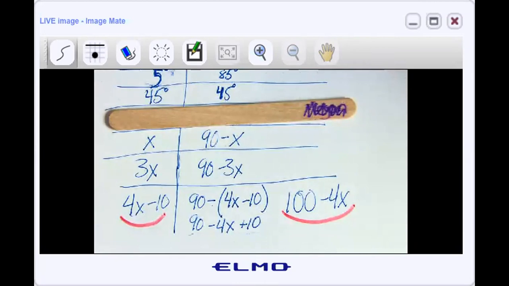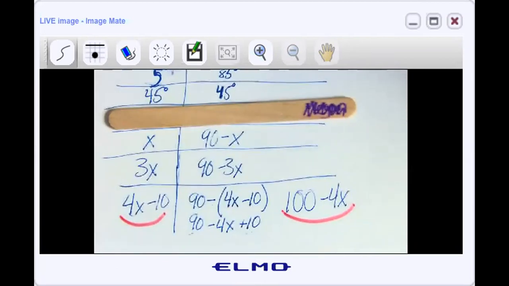Look what's happening. You have a positive 4x and a negative 4x, so they cancel. And then you have a negative 10 plus 100. It really is 90. Oh, geez, look at me shaking the camera here because I'm so excited. Isn't that something? It does add up to be 90 still. Weird. I know. It feels weird, right? But it's not. You just do 90 minus the whole thing.